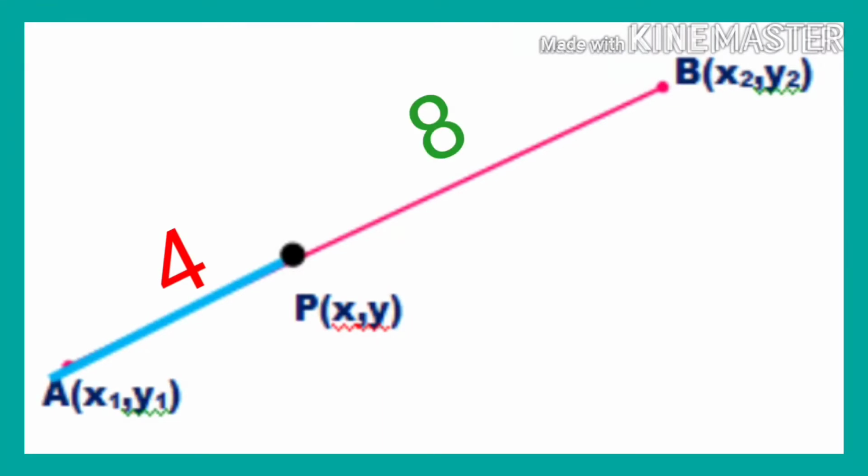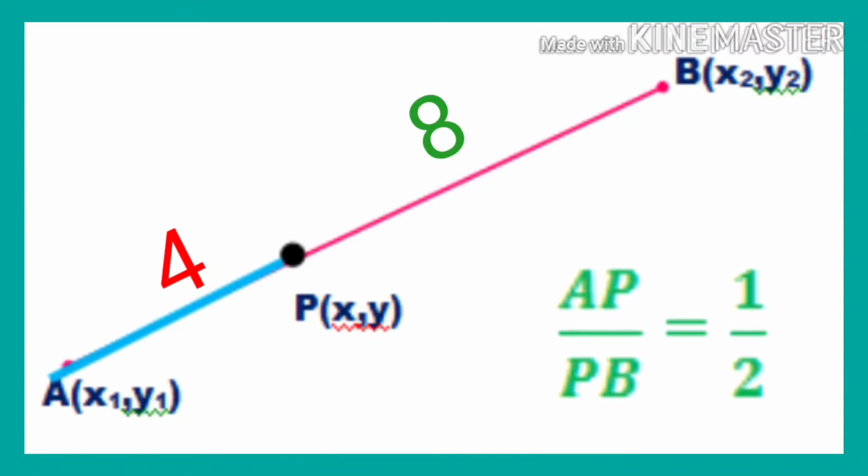Or we can say that the distance PB is the double of the distance AP. Here AP by PB equals 4 by 8, which is equal to 1 by 2.